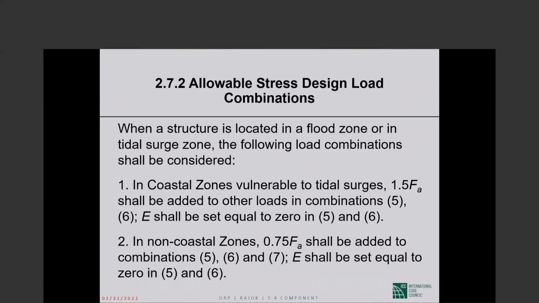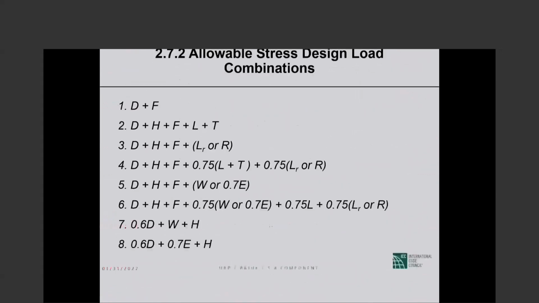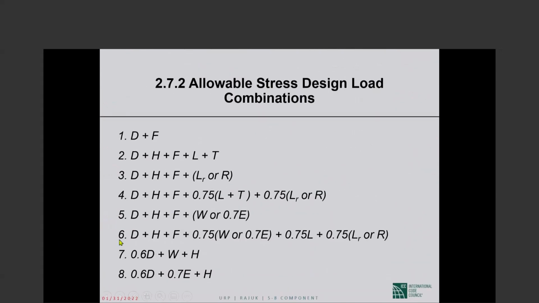So ASD load combinations, I don't think I left anything. Okay, this is the only thing I left out. When a structure is located in a flood zone or in tidal surge zone, the following load combination shall be considered. In coastal zones vulnerable to tidal surges, like essentially sea waves, 1.5 F sub A, where F sub A is flood load, shall be added to other loads in combinations 5 and 6. 5 and 6 are, so this is 5, this is 6.